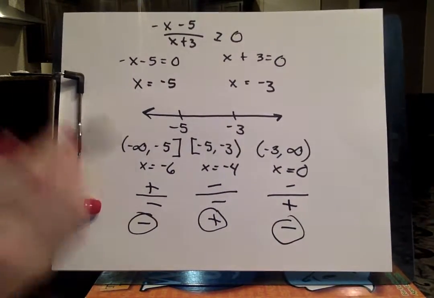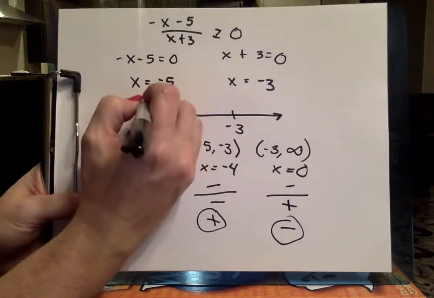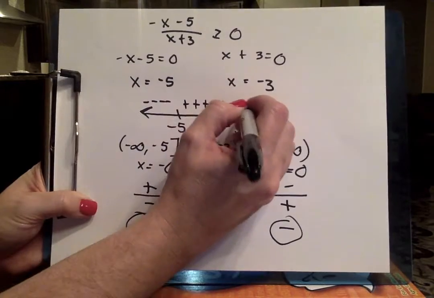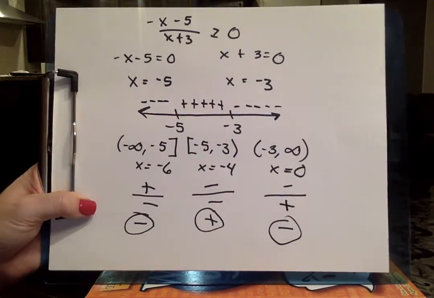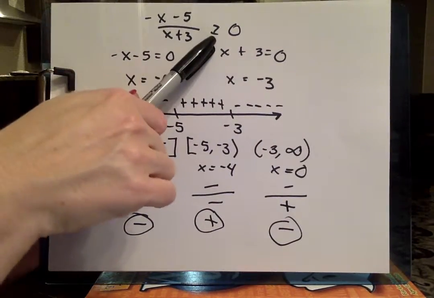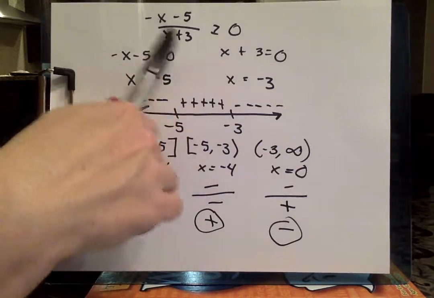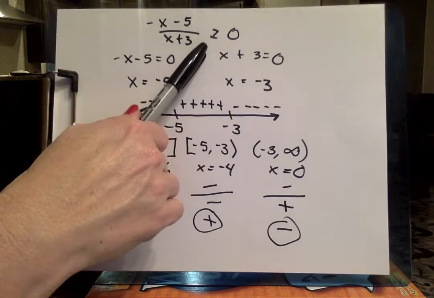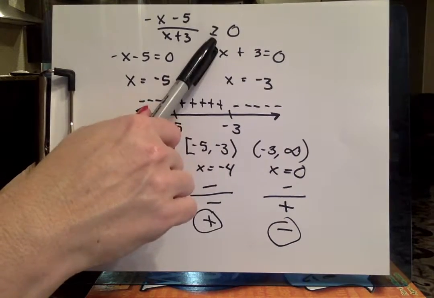Okay, so we'll put those on our sign chart or on our number line. Negative, positive, negative. And we're going to go back again and look at the original inequality that said we wanted it to be greater than or equal to 0, meaning we wanted to know where it is positive.